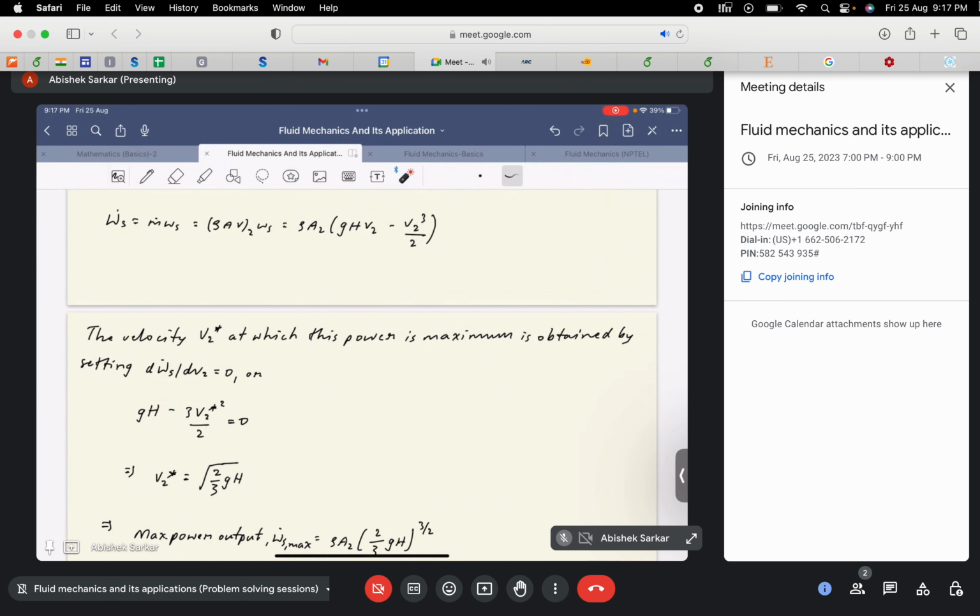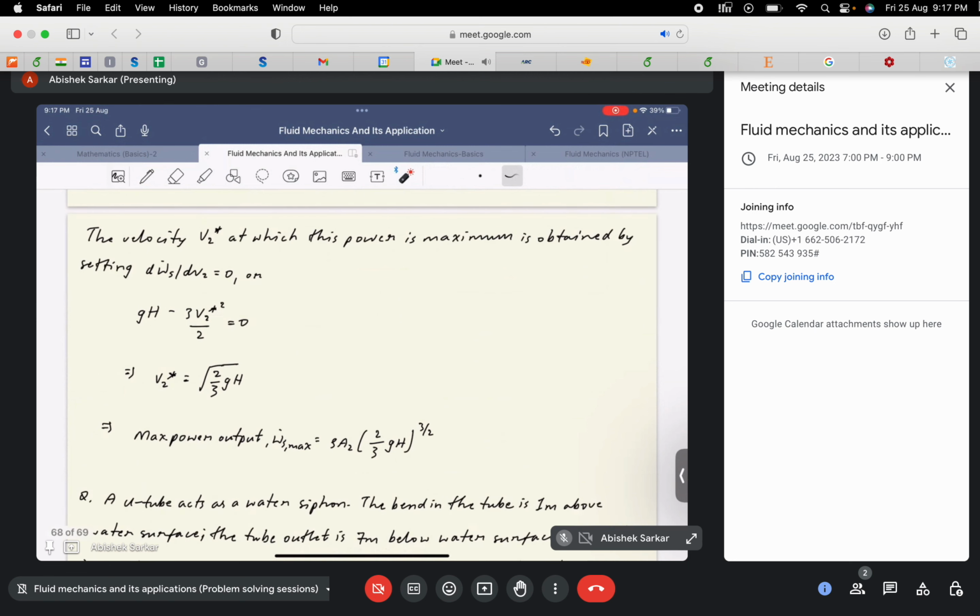Since this is constant, we can just take the derivative of the term in the brackets. So we have gh minus 3 V2 star square by 2 equal to 0. If we equate that, we get V2 star is equal to square root of 2 by 3 gh.